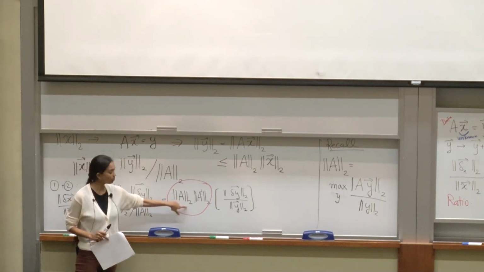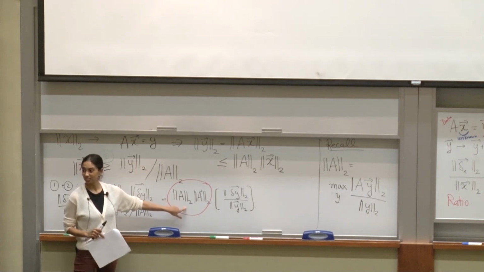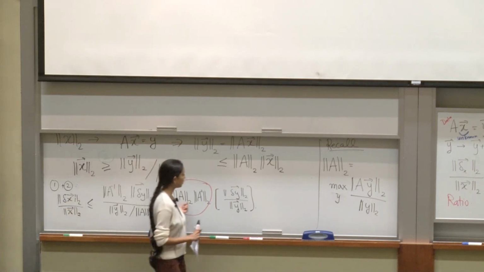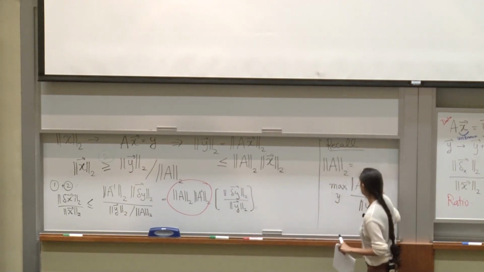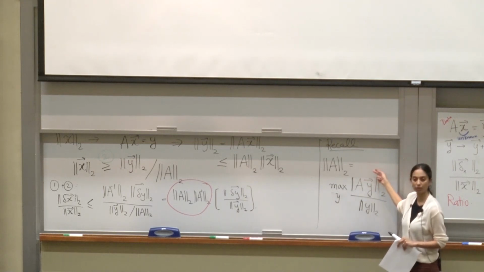But can I say something more about this, or am I stuck in this 2 norm definition, which is kind of ugly? So what is the 2 norm? Is there a simpler understanding of this 2 norm? This is the definition, but what else is the 2 norm?